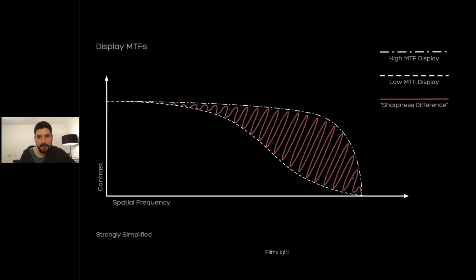And most of the creative people, I would say, would maybe prefer the softer version that they saw on the projector because it has a certain quality that it brings to the image. This is also one of the topics that this talk is about. But we also need to argue that technically this display is performing worse. And our goal as technicians should be to have really well-performing displays, because certain projects might really embrace that high MTF of the displays.